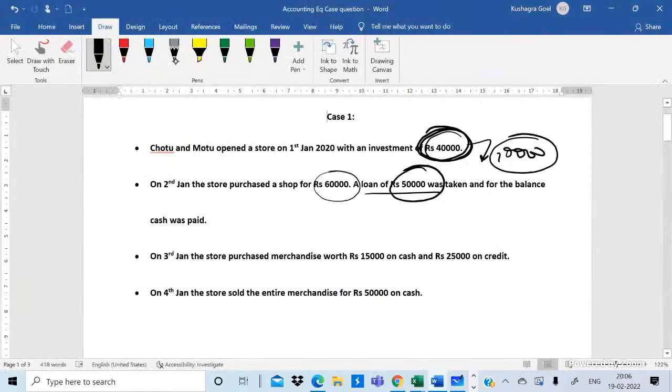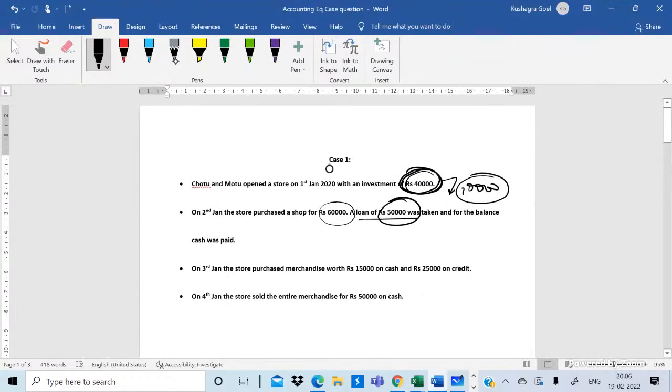On 3rd of Jan, the company is going and buying stock, and they bought stock worth 15,000 on cash and 25,000 on credit. So what's the total stock that they bought? 15,000 plus 25,000, which is 40,000. So on one side, they are buying stock worth 40,000.